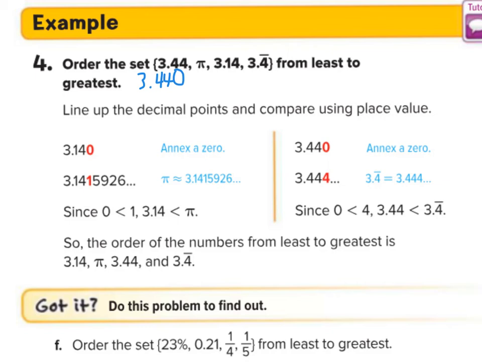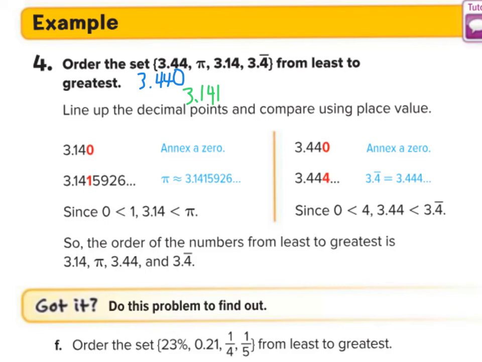For the first example, we had pi was 3, I'll write it in a different color so we're not confused. This is pi, 3.14. I can't quite remember if it was 3.141. Okay? That, and then 1592, and so on.